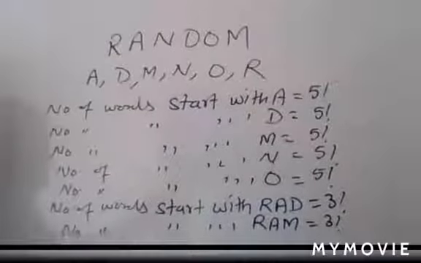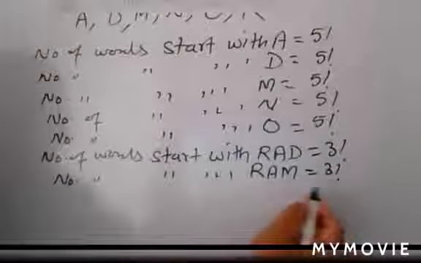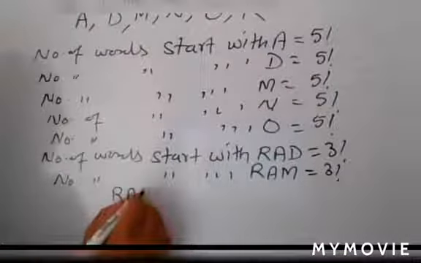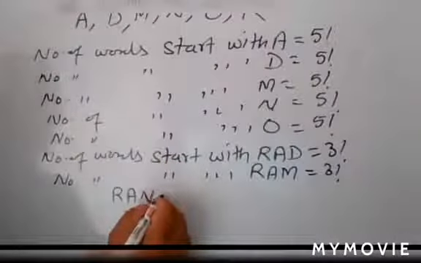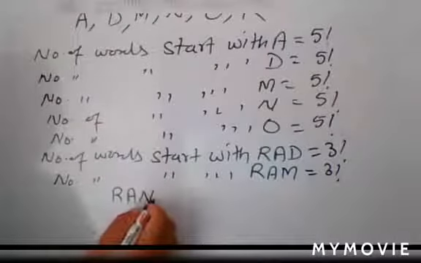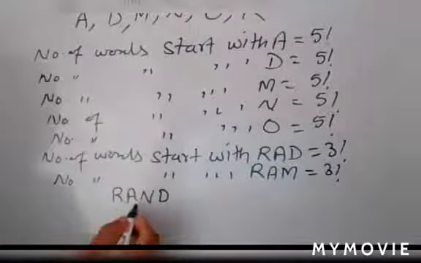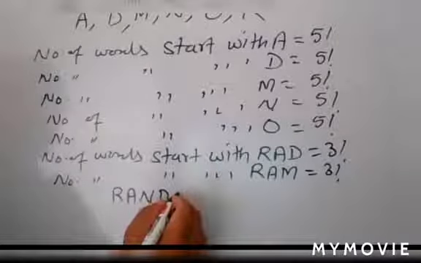Your next word is RAND, if you arrange it in alphabetical order. RAND, then here you can write M.